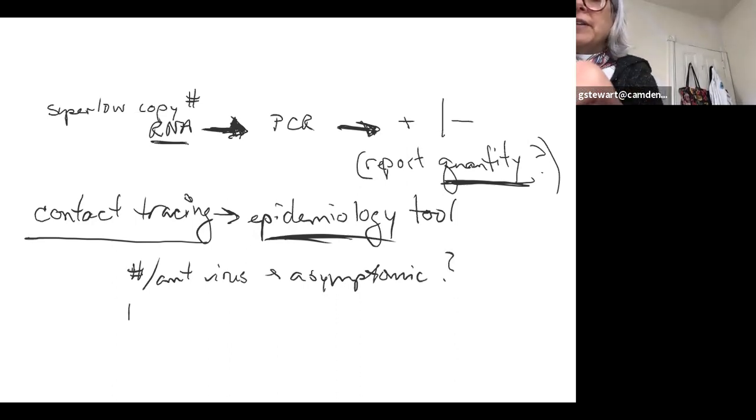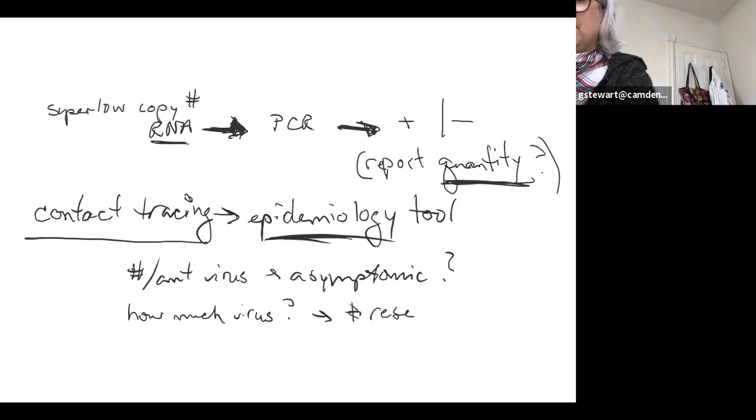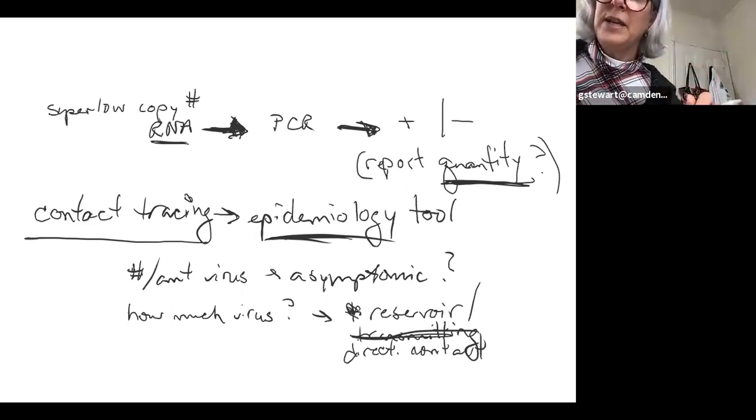How much virus needs to be present in order to be a reservoir, if you want to think of it that way, right? Or to be an actual transmitting person. So someone who could transmit by direct contact, let's say. So all of that, we're not going to know the answers to that until a long time from now, right?